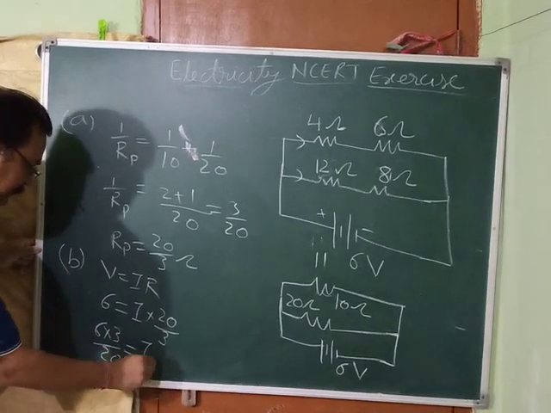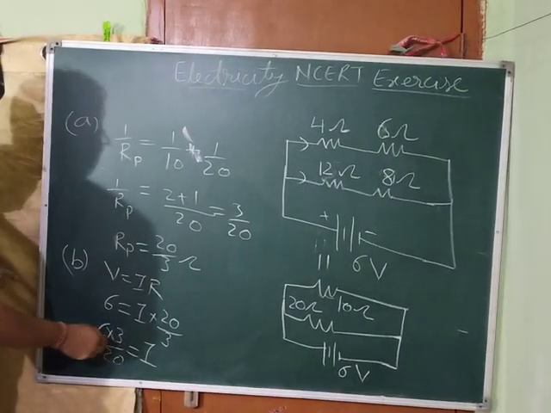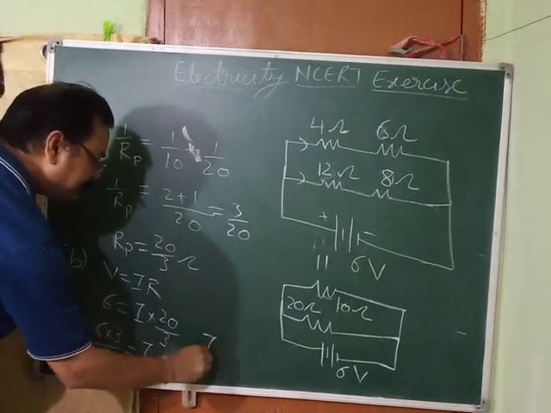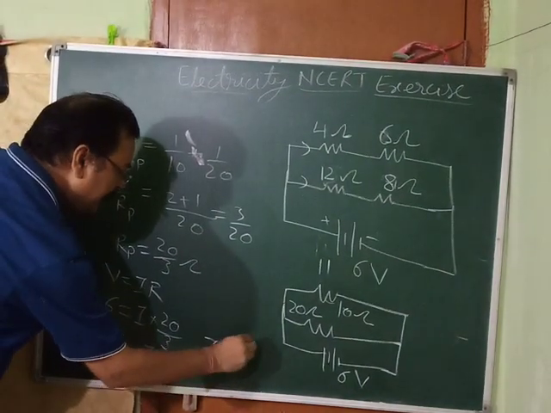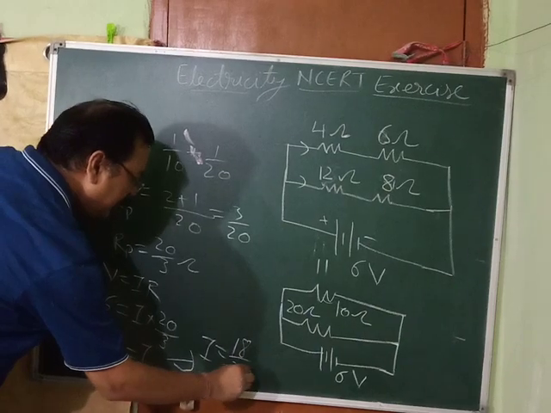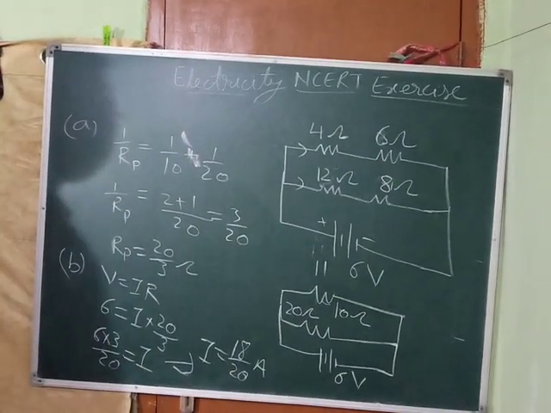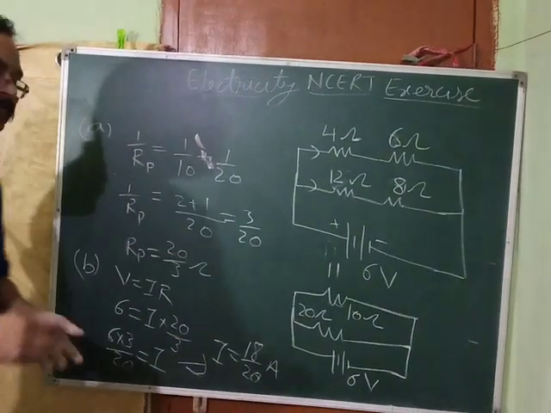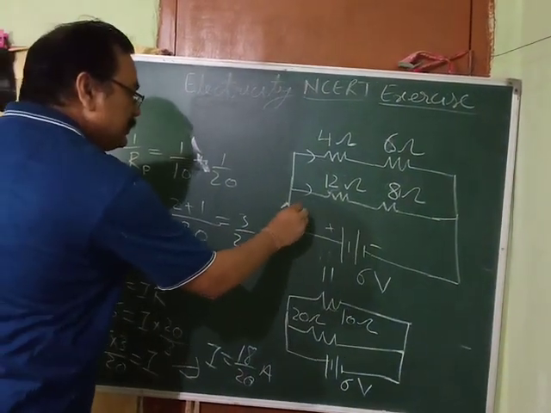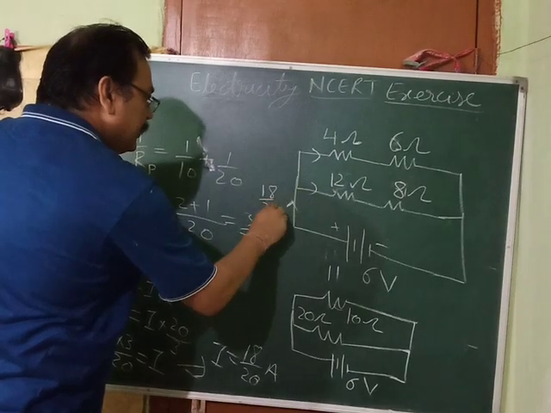That is the current. How much will you get? 6 threes are 18. So the current is going to be 18 by 20 ampere. This is the total current in the circuit. That will start from here.